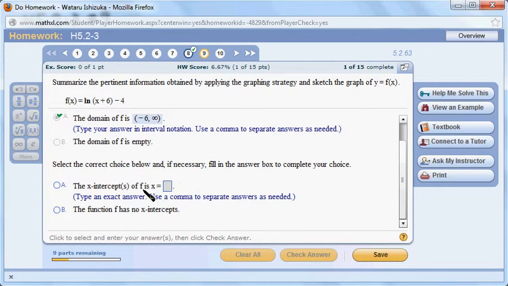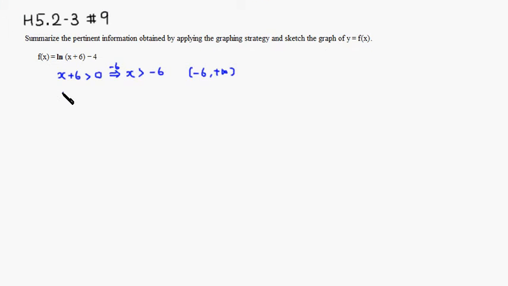Then we want to find the x-intercepts. We're going to set y equals 0. So you have natural log of x plus 6 minus 4, and we set that equal to 0. Add 4 to both sides, so natural log of x plus 6 is equal to 4.